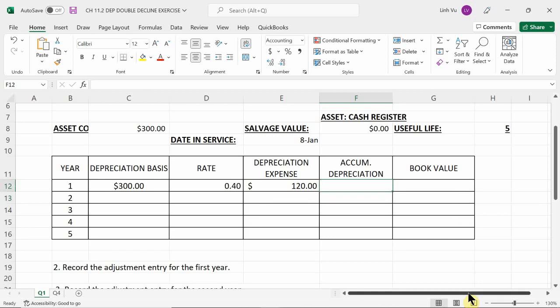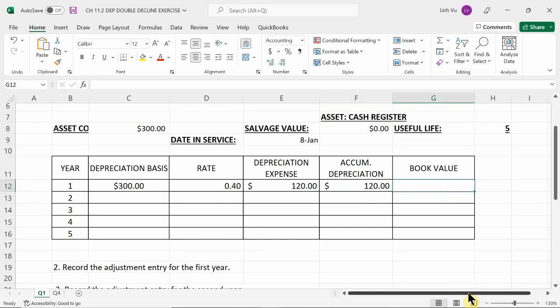Okay. So the accumulated depreciation, how much depreciation did you rack up? That is what the accumulated depreciation is. How much did you use the machine? Well, in this case, you didn't have a previous year's, but you did use the machine for $120, right?